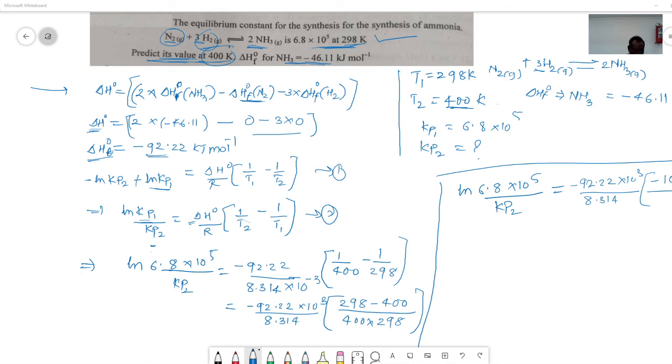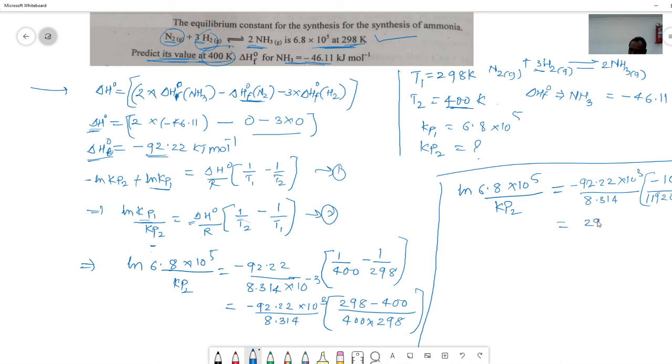Let's calculate 400 multiplied by 298, that is equal to 119200. Now this minus and this minus become a positive value.